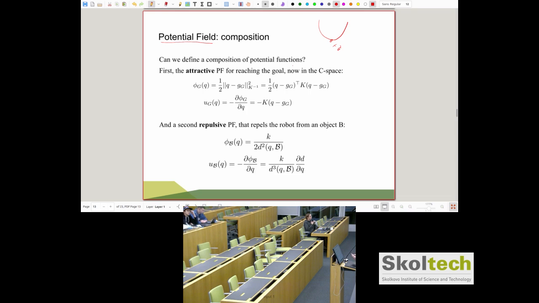And what if we have obstacles? What if we have other things? This is where composition of potentials comes into play. Can we define a composition of potential functions? This is the question, and this is where designing a potential could be a little complicated.